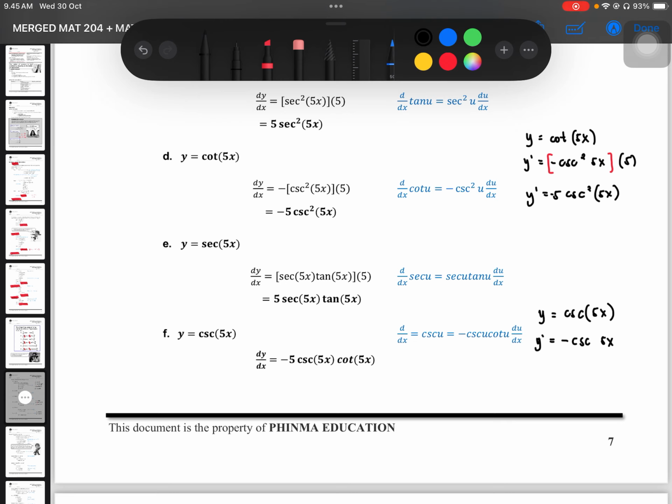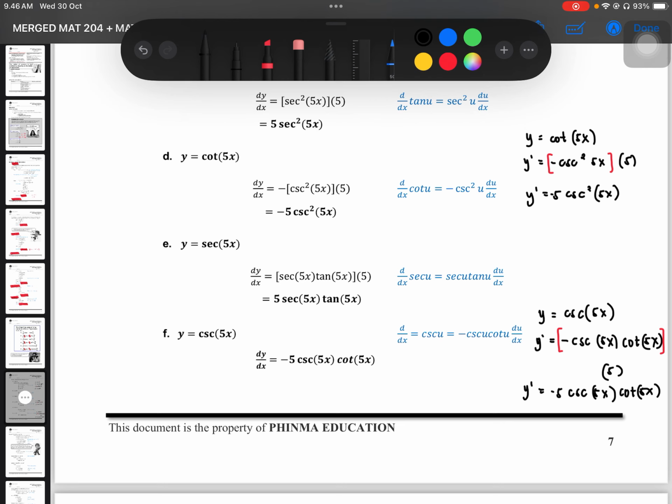And then, ang cosecant 5x, then we have cotangent. Ano ang ating cotangent? It is 5x. And then, don't forget to get the derivative of u natin, which is multiplied by 5. And again, you multiply that sa buo. Okay? So, what we are going to get here is y prime. Since naka-negative to, negative yung final answer natin. Negative 5 cosecant 5x cotangent 5x.